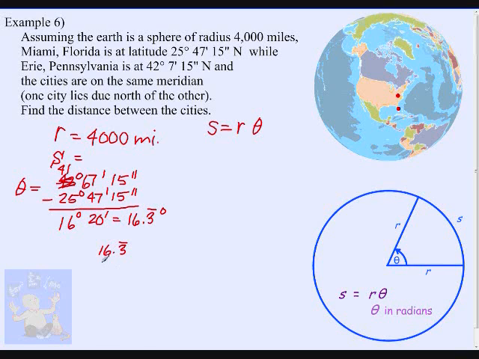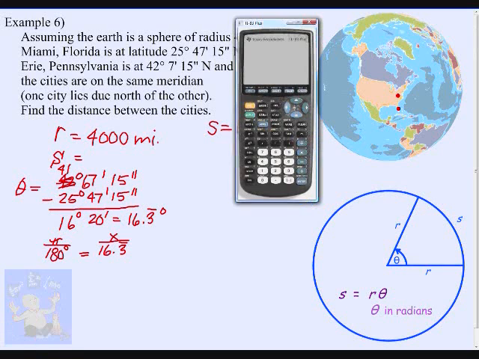Well, 16.3 is degrees. We've got 180 in pi. We've got the same relationship over here. We want to find, this will give our angles in degrees. Let's bring up our calculator again.